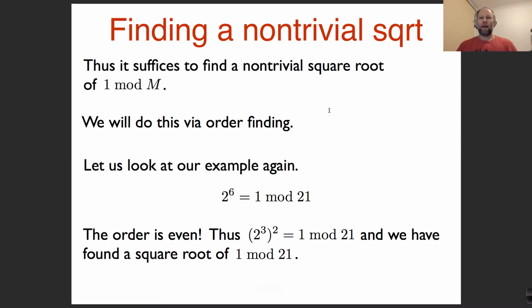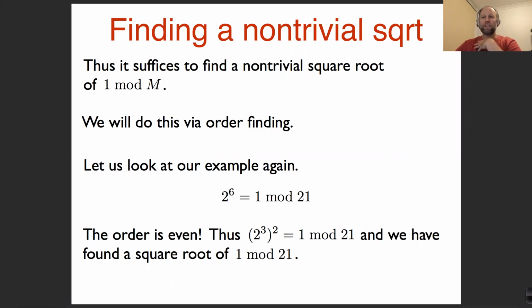Okay, good. So how are we going to find a non-trivial square root? Well, we're going to use order finding. Let's think about how we might find a non-trivial square root using order finding. Let's look at our example again, where we computed the order of 2 mod 21, and we saw that it was 6. So 2 to the 6 is equal to 1 mod m.